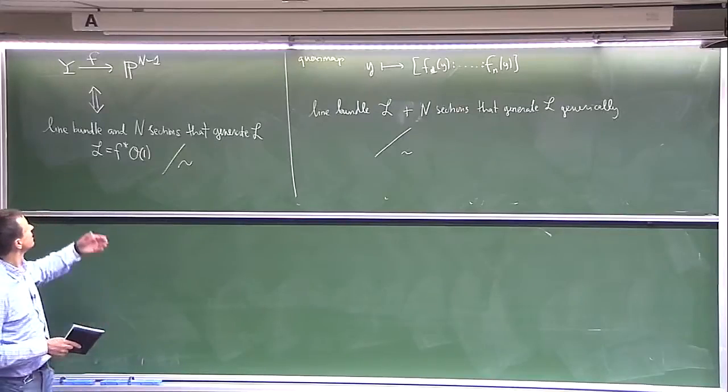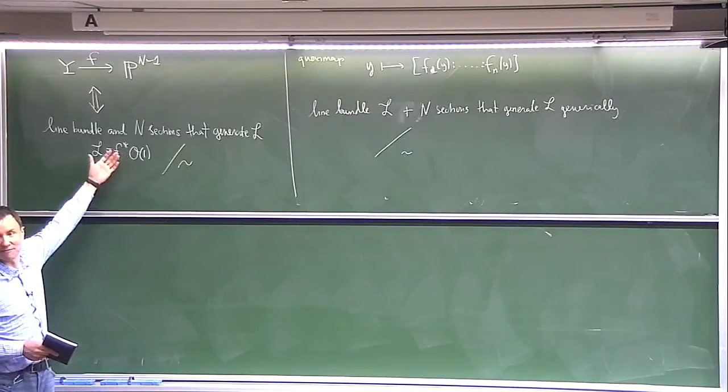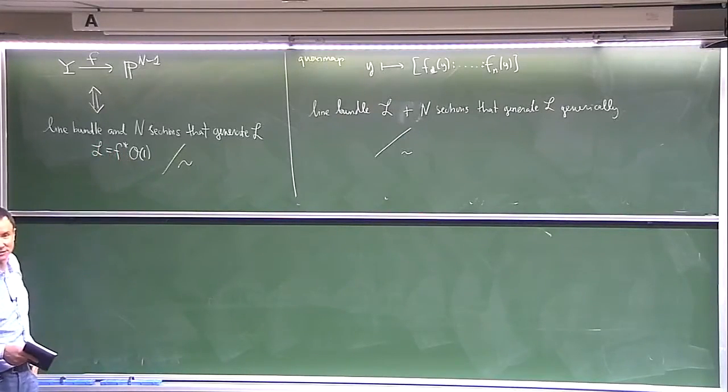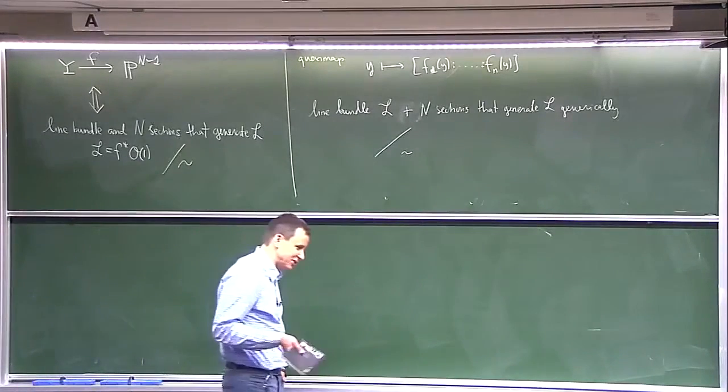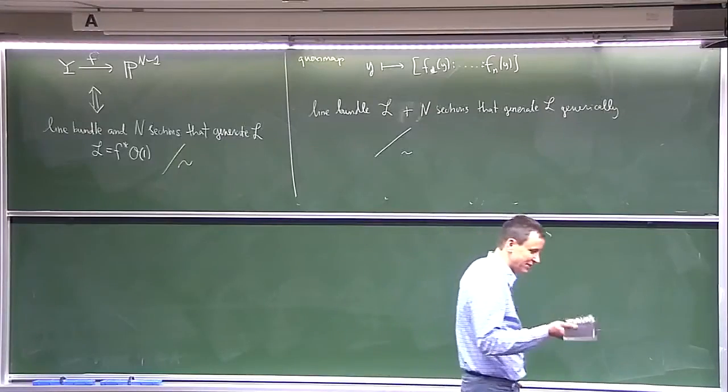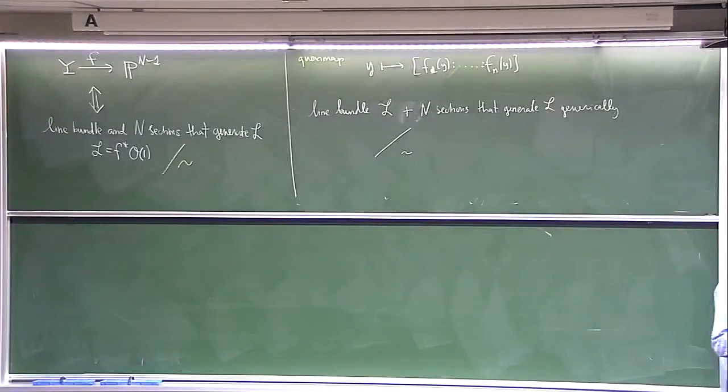So then you have a vector bundle plus a bunch of sections. If the corresponding matrix of sections everywhere has maximal rank, then it really gives you a map to the Grassmannian. Otherwise, it's only a quasi-map.